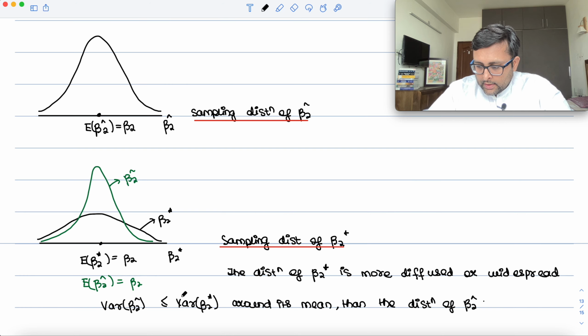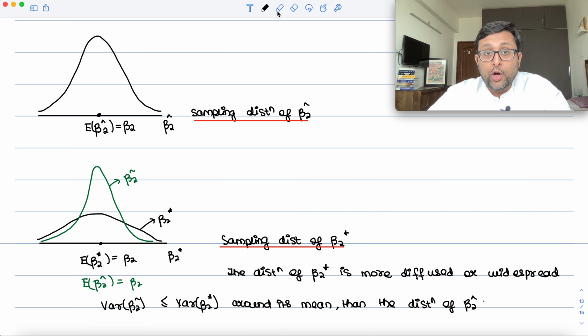One more thing: this theorem is not making any assumption about the distribution of the error term, right? So, if it is not making any assumption about the distribution of the error term, it is also not making any assumption about the distribution of yi.